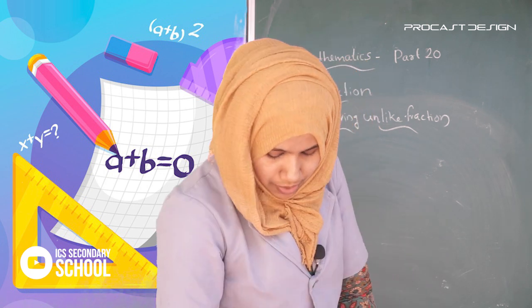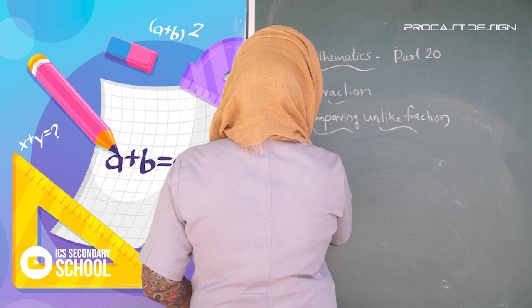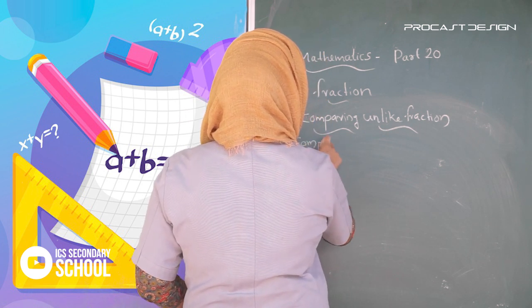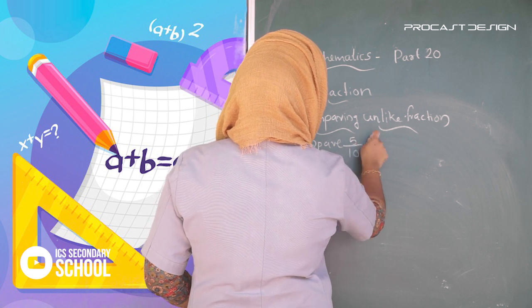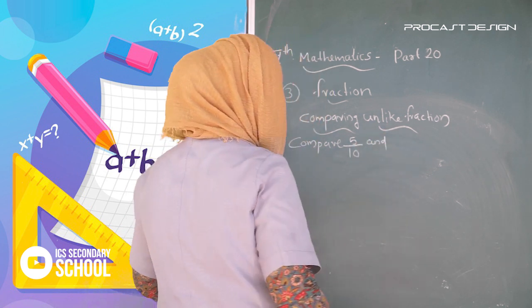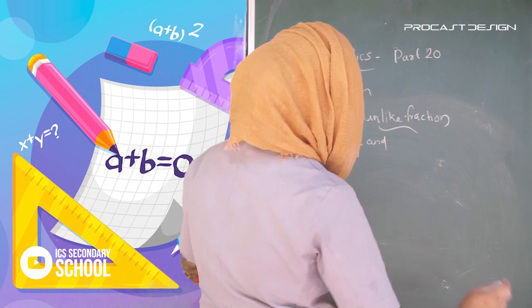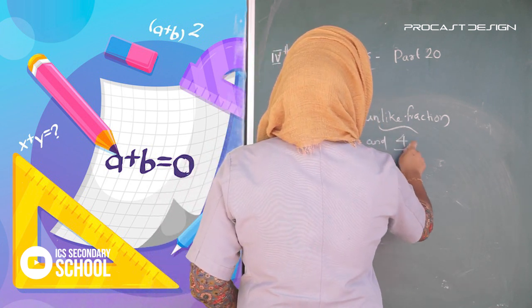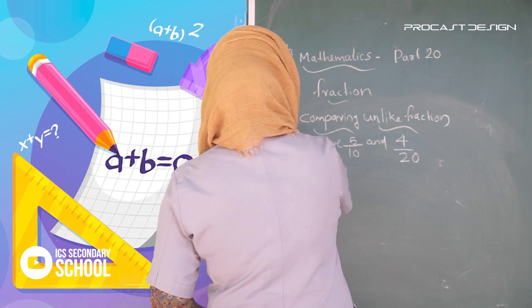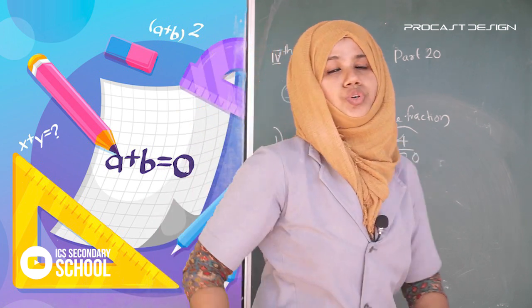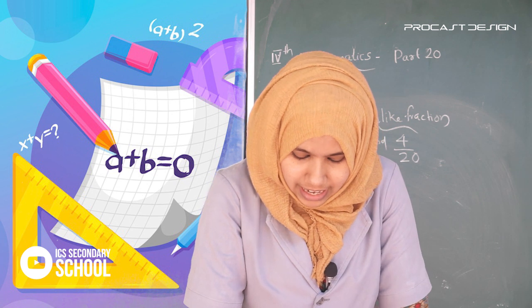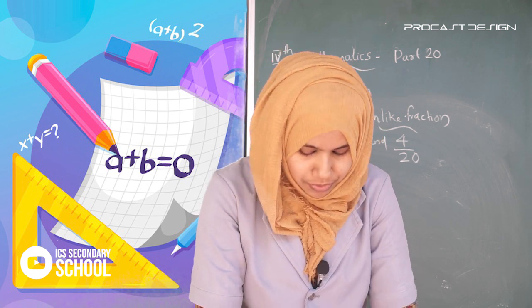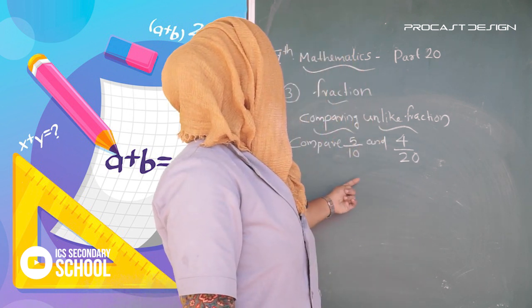So compare 5 by 10 and 4 by 20. To compare two unlike fractions, first find out the LCM of the denominators.